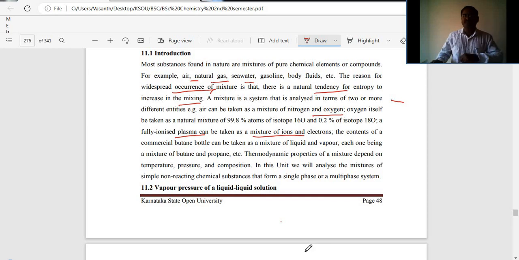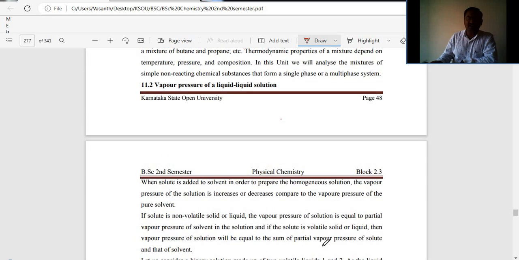For binary solutions or binary mixtures, generally we have to discuss the vapor pressure of a liquid-liquid solution and the vapor pressure of a gas-liquid solution.